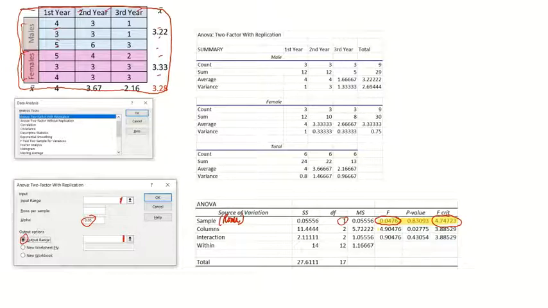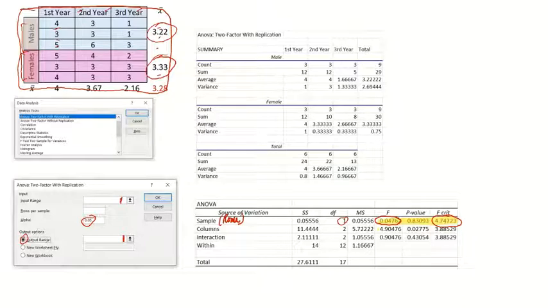So we say here in terms of rows that there is no significant difference between the sleeping hours of males and females. Or we accept our null hypothesis.